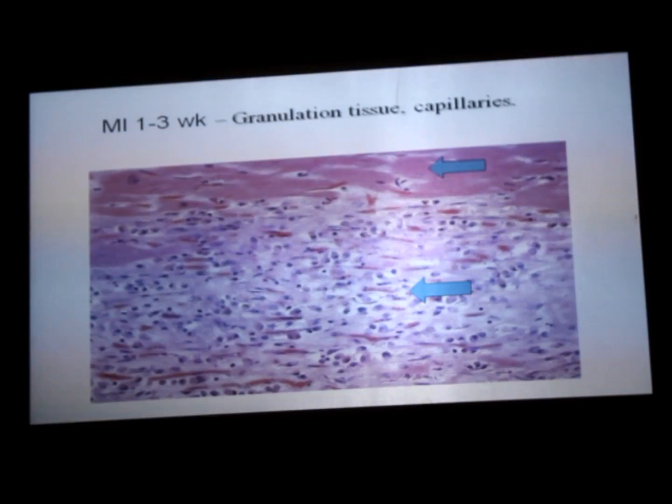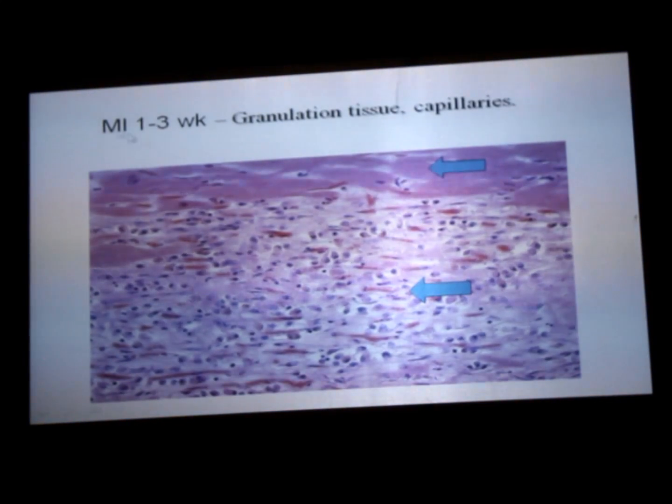So here also the repair process starts. During wound healing, there is a tissue formation, normally what we see, which is pink in color, contains more capillaries, has edema and inflammatory cells. It is known as granulation tissue.